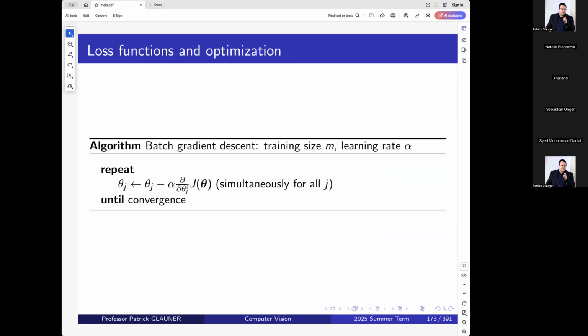So we have calculated the partial derivative of the error for all training examples, because we have m many training examples. There's one challenge here. In practice, calculating these partial derivatives, even if we know how to calculate them, will be extremely slow because we may have millions or even billions of training examples.